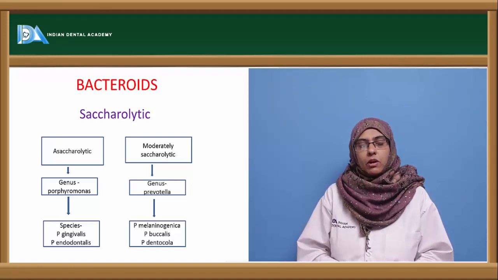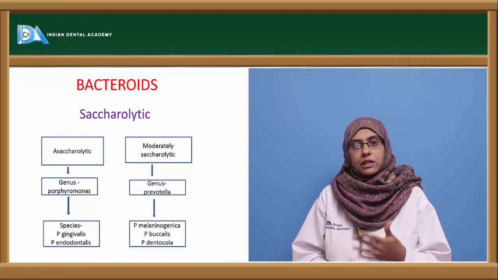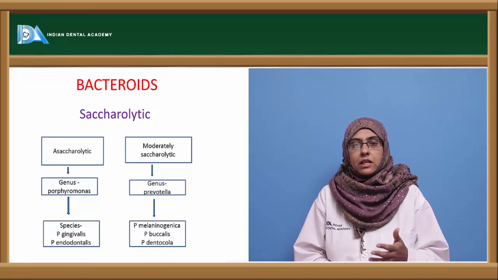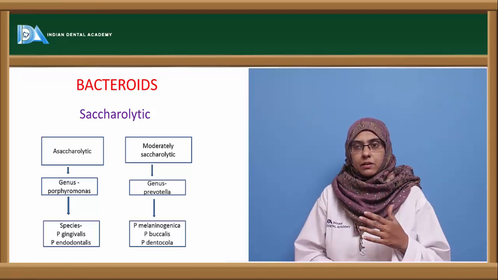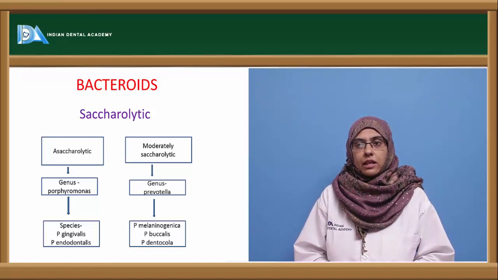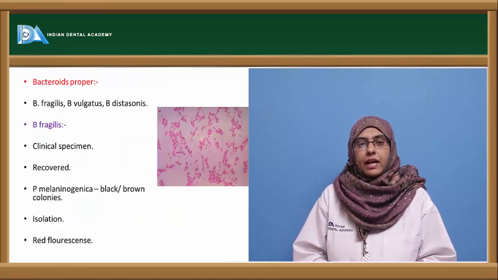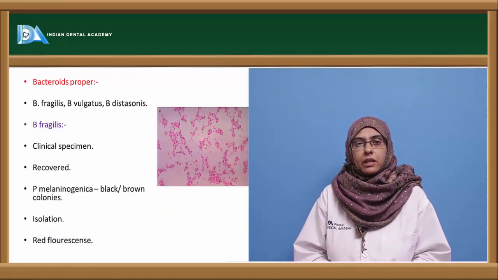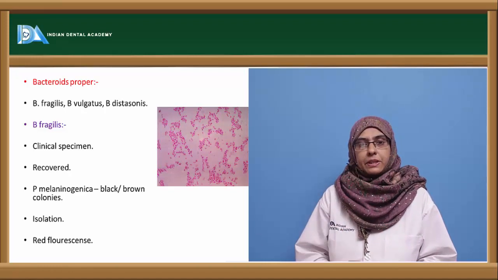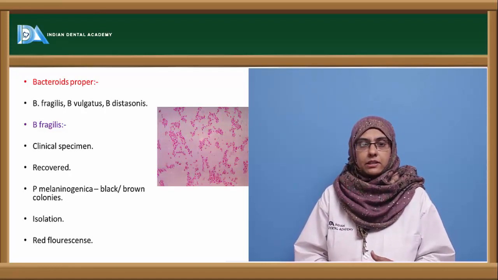Coming to the moderately saccharolytic organisms, here they get inhibited by 20% bile, and the genus involved is Prevotella, with the species melaninogenica, and we have Prevotella bivia and Prevotella dentícola. Apart from this, we have the Bacteroides proper, which has been identified with the species Bacteroides fragilis, vulgatus, and distasonis.